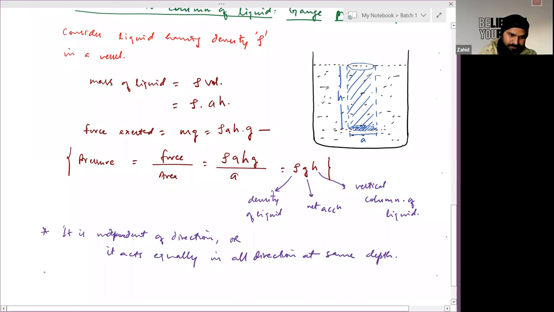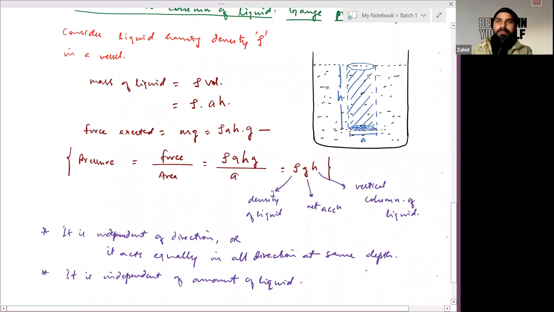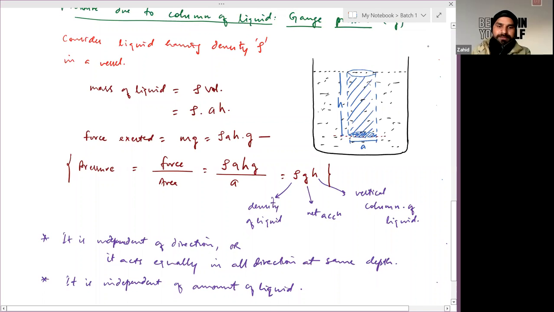Next, it is independent of the amount of liquid. It just depends upon the vertical strip placed over it and nothing more.